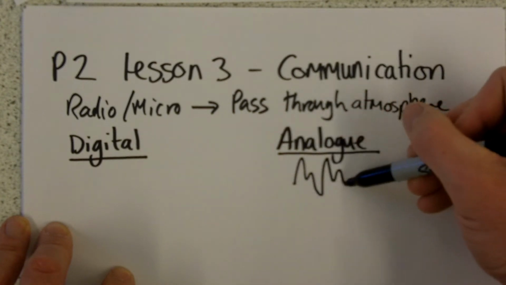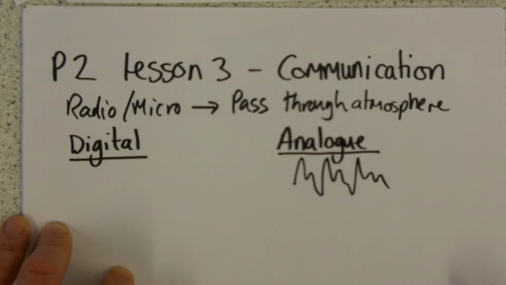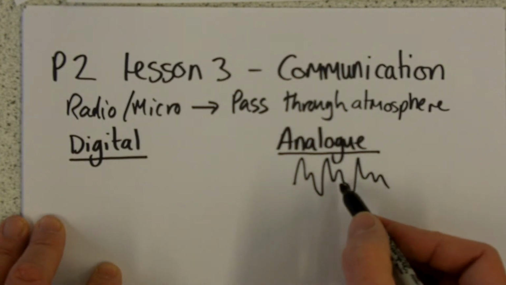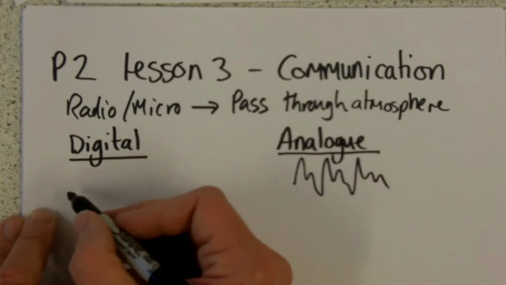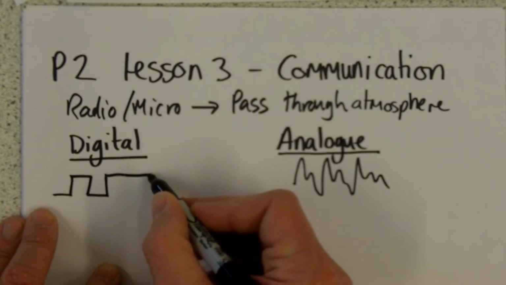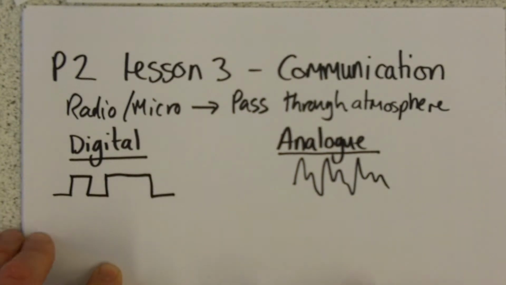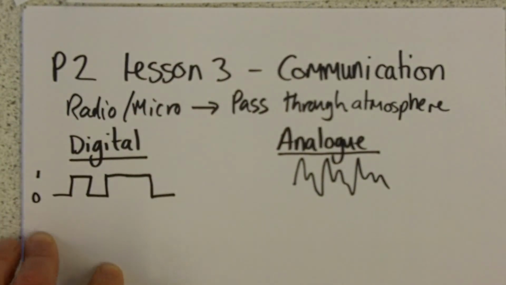If I were to analyse the sound waves, then I would see a smooth, continuous wave as a trace. Now, digital devices deal with turning these analog signals into a different type of signal, one which has only two states. It has an on state or one state, or an off state, a zero state.